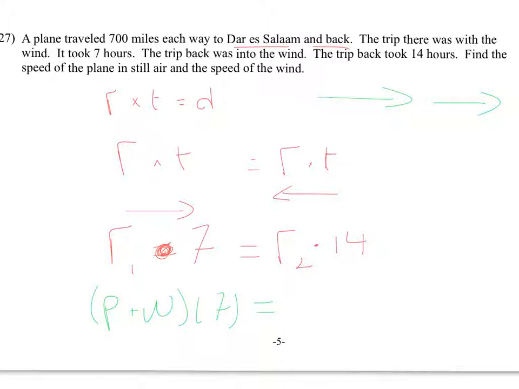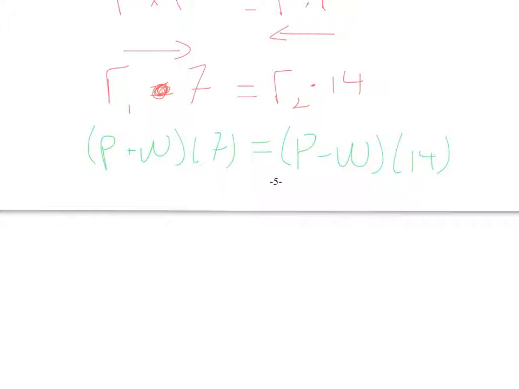And on the way back, if they're going in opposite directions, we're going to subtract: plane minus the wind times 14. Okay, so this is going to be 7p plus 7w is equal to 14p minus 14w.